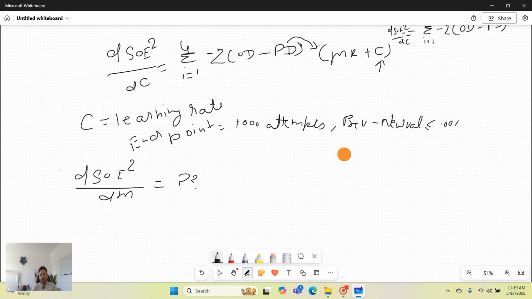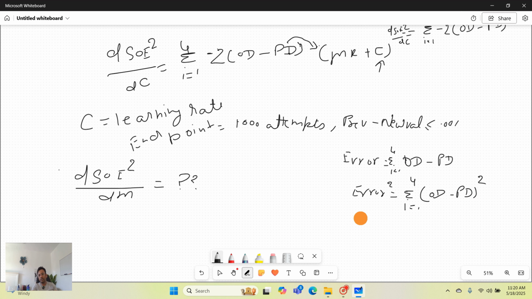We know that our error is OD, observed value minus predicted value. This was our error and we have summation again here. Then we go with the error square, which was summation of i equal to 1 to 4 of OD minus PD, observed value minus predicted value, squared.